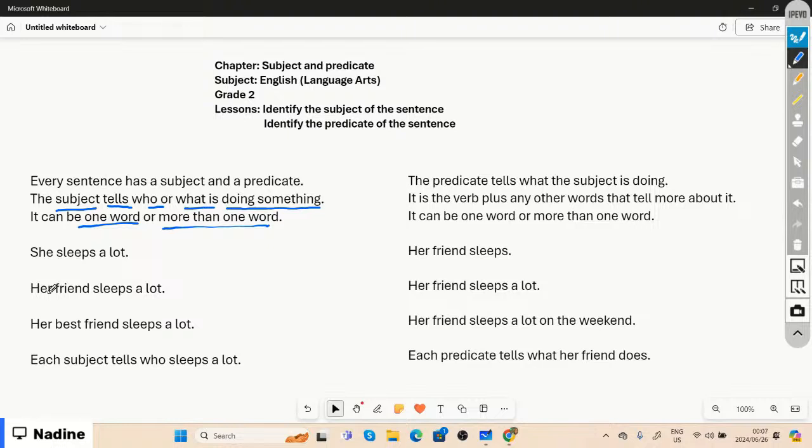We have to identify the subject, which tells us who is doing something or what is doing something. Now we need to ask ourselves who sleeps a lot or what sleeps a lot. We would say it is she, meaning she is our subject.